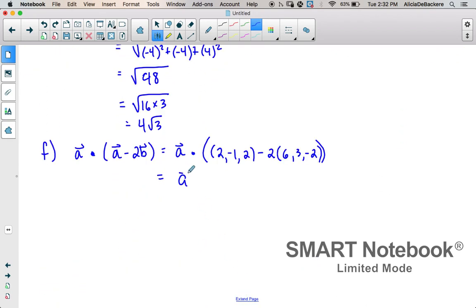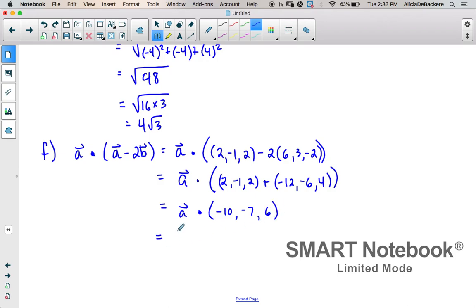And so then I've got A dot, and subtracting these, I've got 2 negative, so that one didn't change. And then I'm going to just multiply this negative 2 through here. Or you could leave the negative out and subtract the components, it doesn't matter. And so now I'm just adding up my components. And then I'll just rewrite in my A vector and do the dot product of those two.